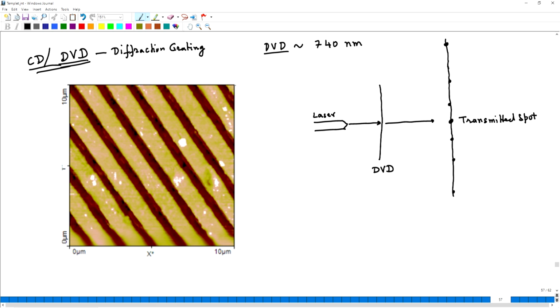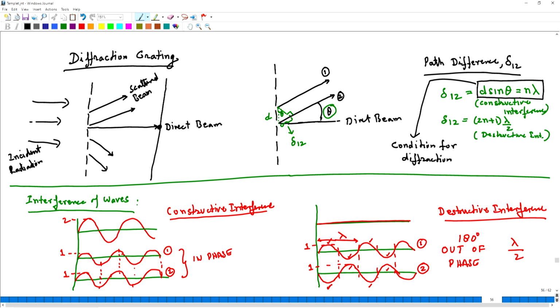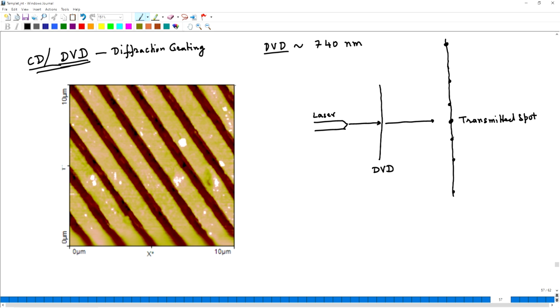If I just go back to the previous case and look at the diffraction condition, this diffraction condition is for n equals 1, 2 and so on. The spot closest to the transmitted spot corresponds to n equal to 1. The two spots on either side, n equal to 2 are the spots further down, and then here n is equal to 3.